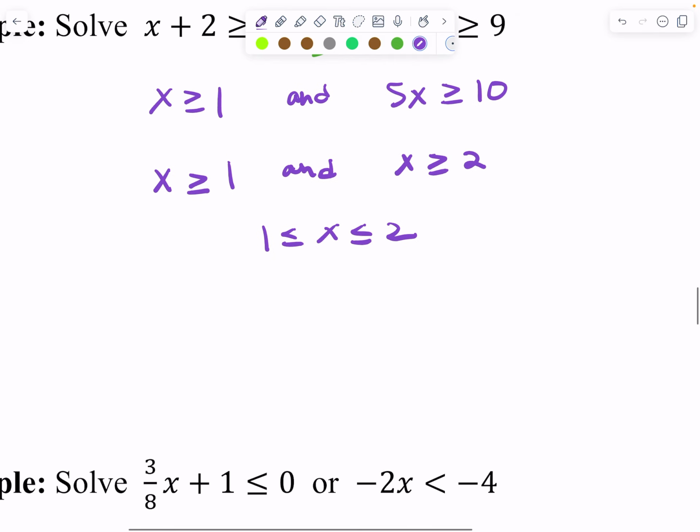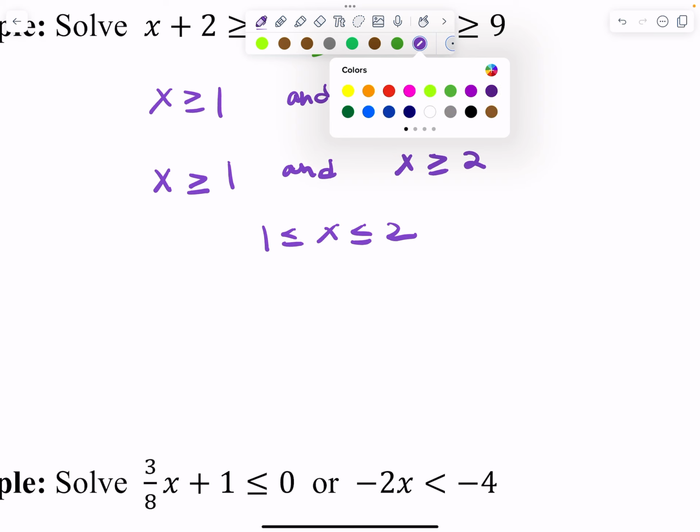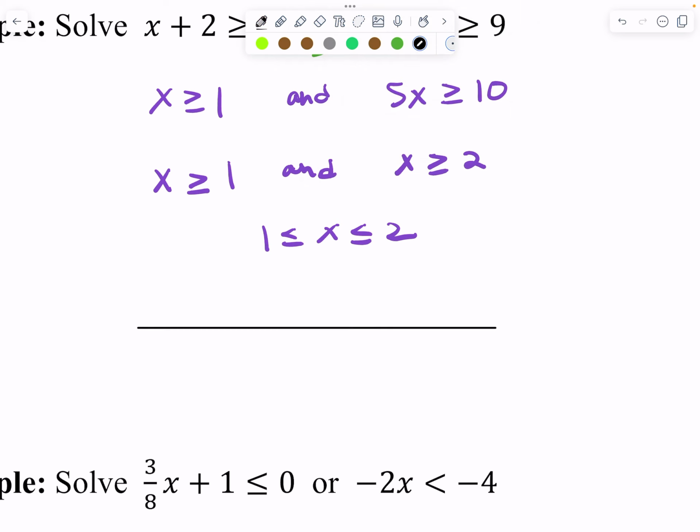This is using inequality notation, referencing or representing this solution set graphically, right?